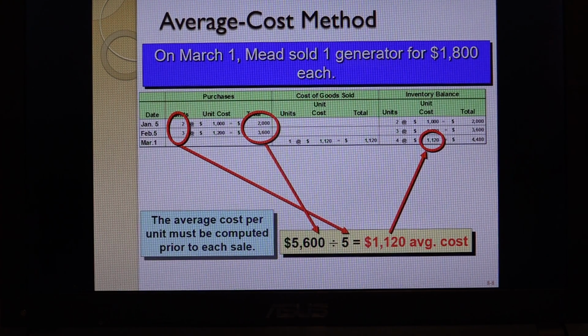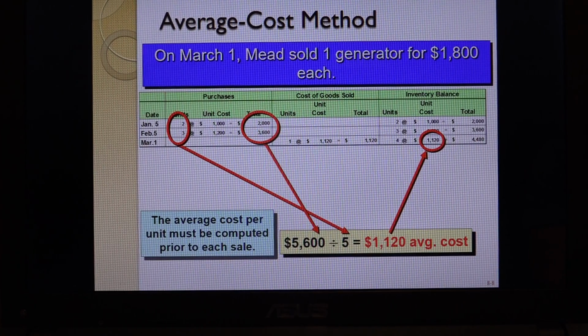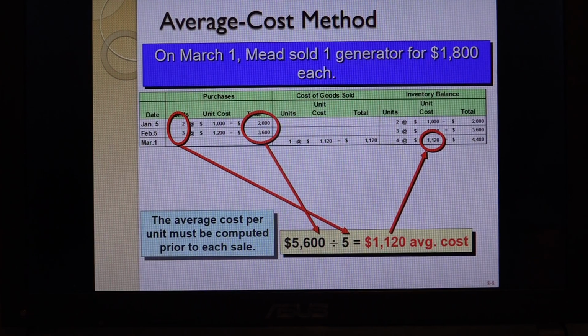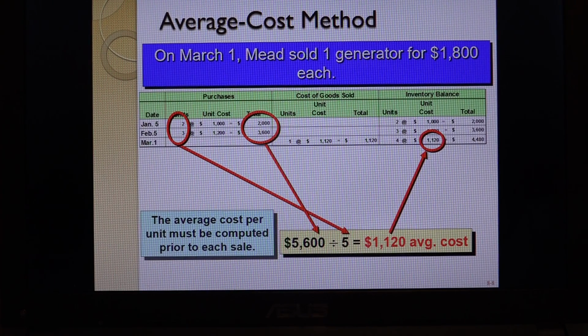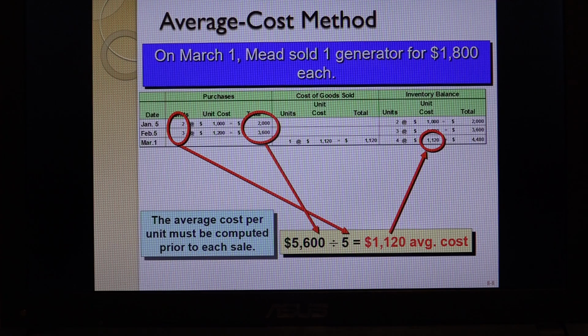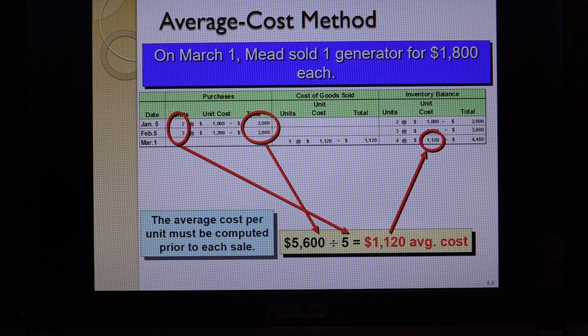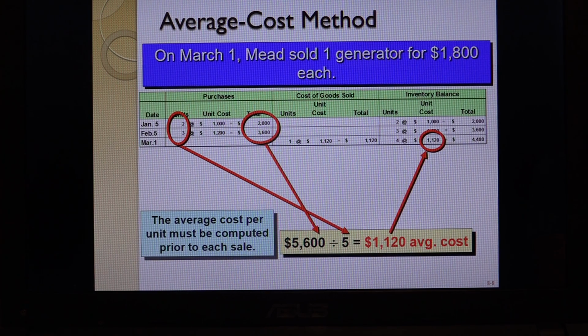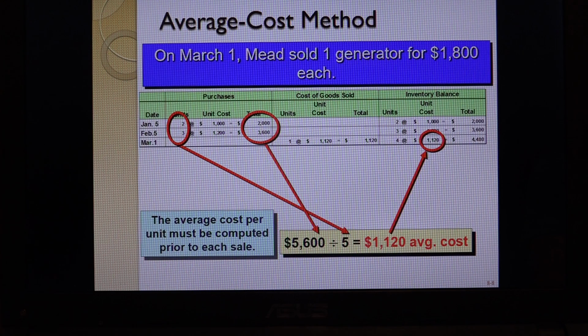You're going to know the cost of that particular Maserati that you sold, and you're going to take it out of inventory. Well, what if we sell bananas? Would we want to use specific ID for our banana inventory, or our doll inventory, or anything small that looks alike? They use the word homogeneous, meaning they're identical.